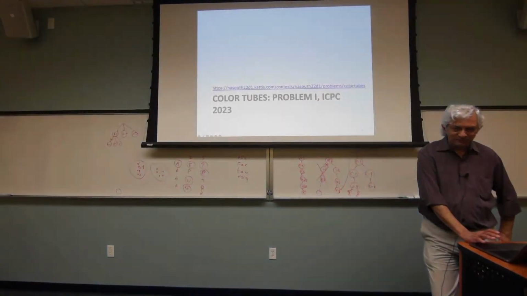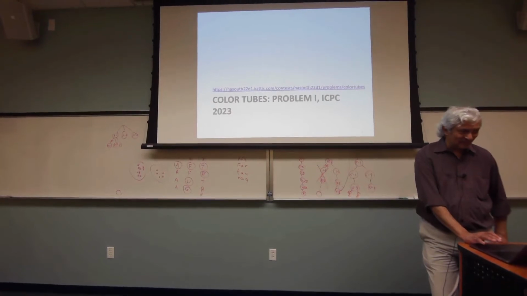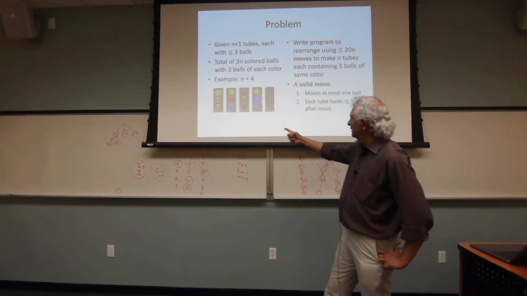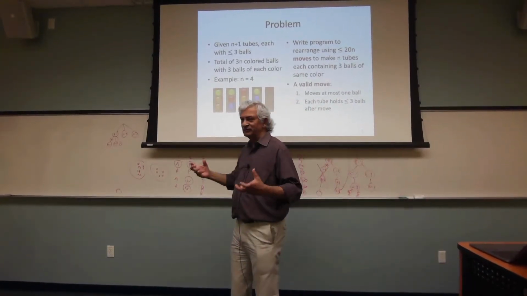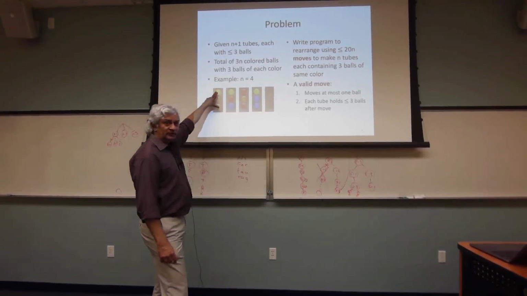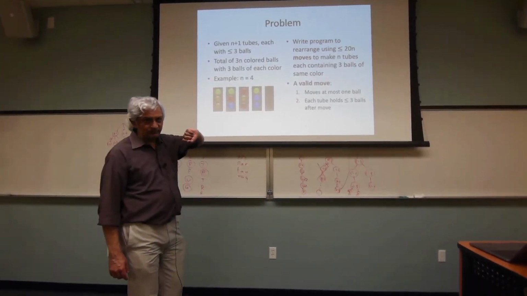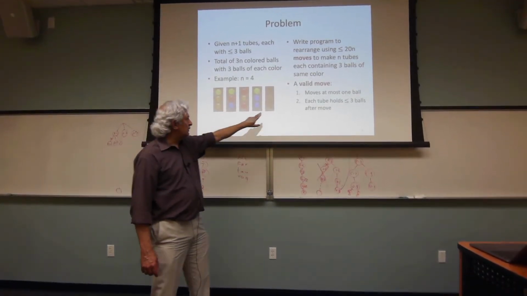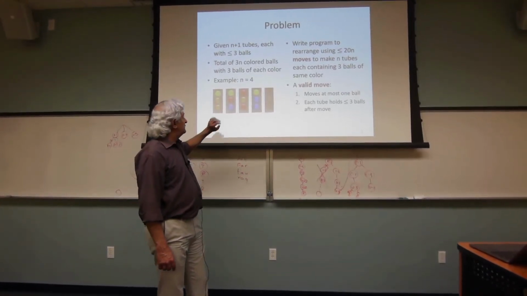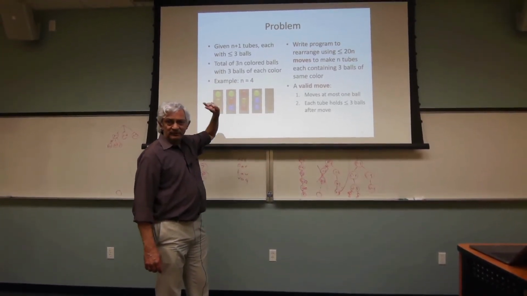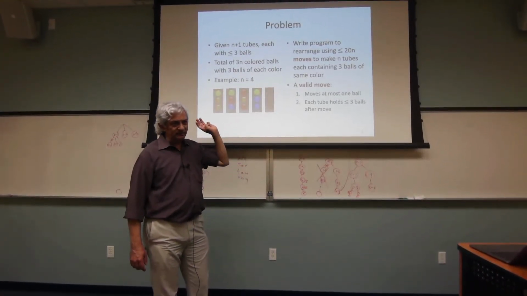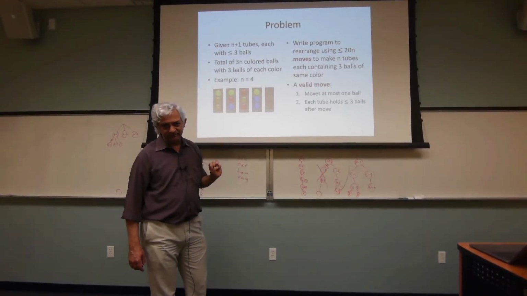How many of you remember this problem? Remember this? Okay. So here's the problem. You're given a bunch of tubes. In fact, you're given n+1 tubes. Each one has 3 colored balls. And you have 1 spare tube. And there are exactly n different colors here, and there are exactly 3 balls of each color.